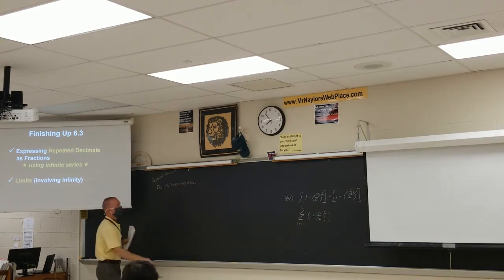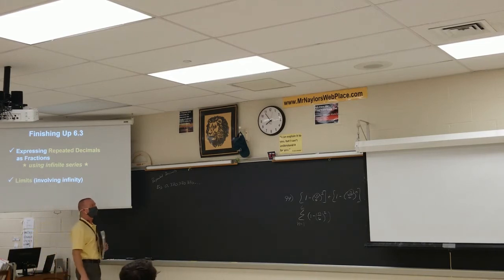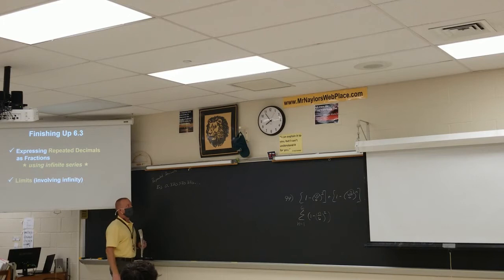Let's say you had the repeated decimal 0.370370, and on it goes. If you want to write that as a fraction, and not just put it in your calculator, hitting the fraction button on your calculator, which is kind of cheap, think about this with me.